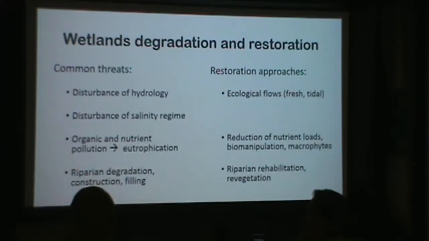So eutrophication means, again, an imbalance in the aquatic community. For example, think of a lake or a little pond that has fishes, has phytoplankton, microalgae, and microbial, small organisms, microinvertebrates and invertebrates and these kinds of things.